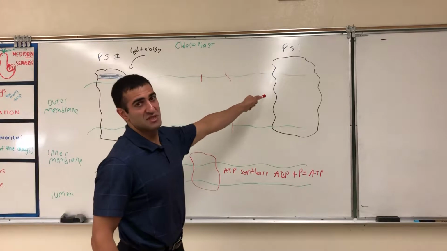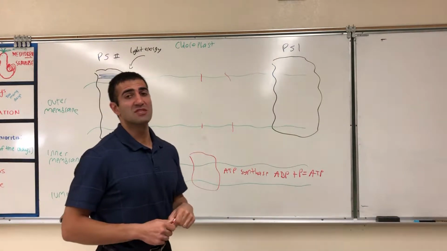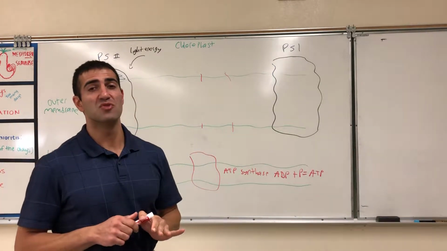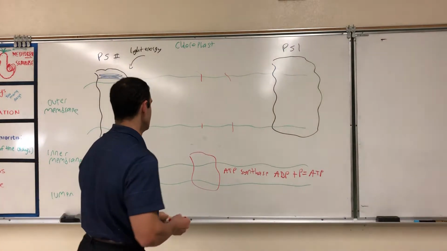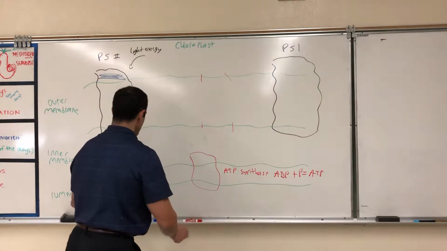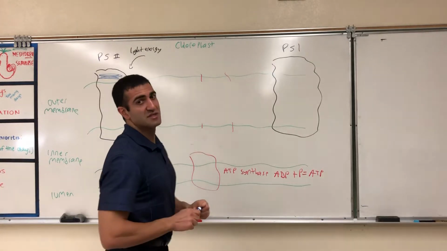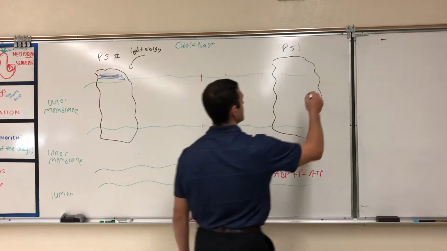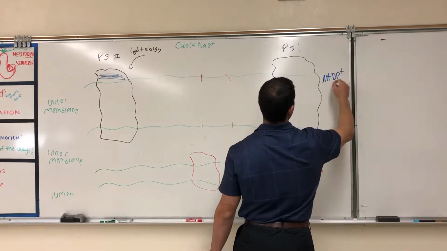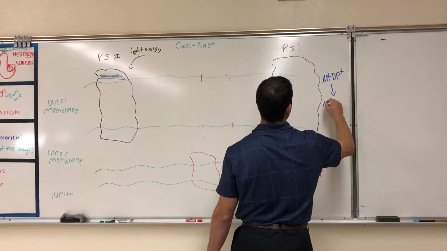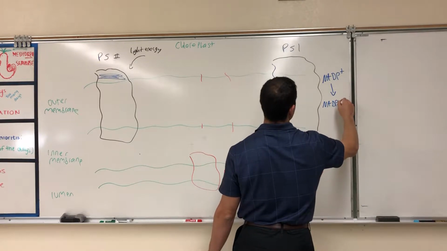Now next we have photosystem 1. Photosystem 1's job is to reduce a very important coenzyme called NADP. What it's going to do is it's going to convert this very potent coenzyme, NADP+, and it's going to reduce it to NADPH.